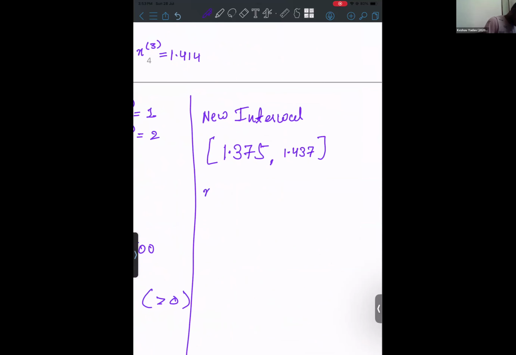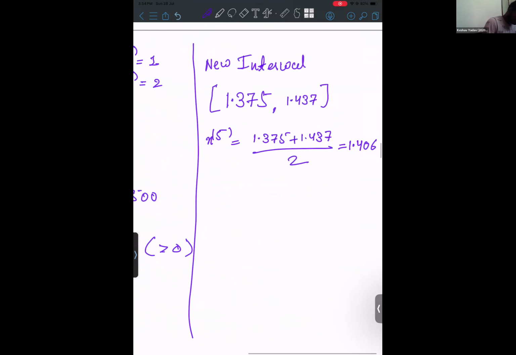Now, if you find x at fifth iteration, that will be equal to 1.375 plus 1.437 divided by 2. So it will give 1.406.